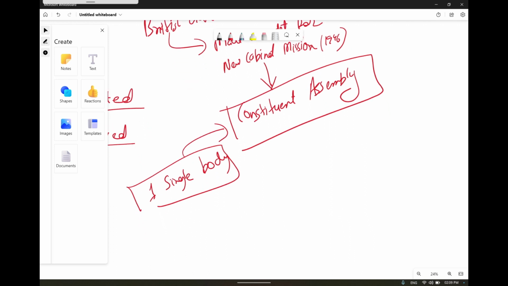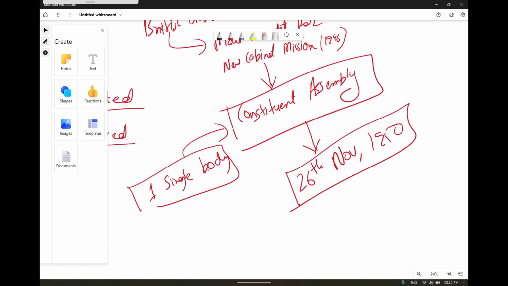This one single body was responsible for making the constitution, and on 26th November 1949 they framed the entire constitution, and it was presented to the assembly. Our constitution was ready on that day and submitted to the constituent assembly. Sorry, it is not 1950, it is 1949.